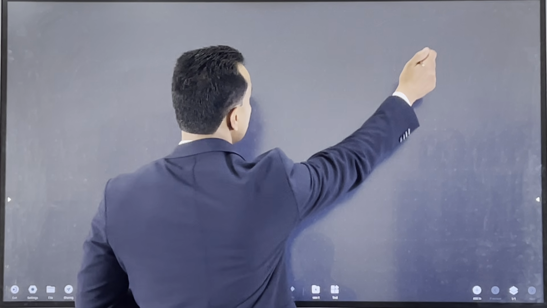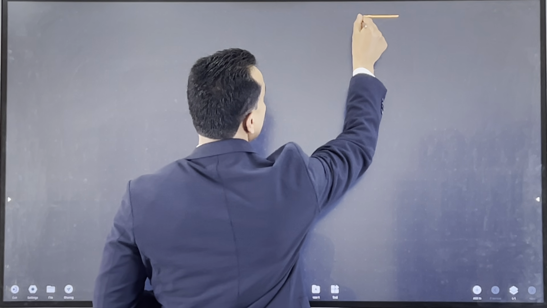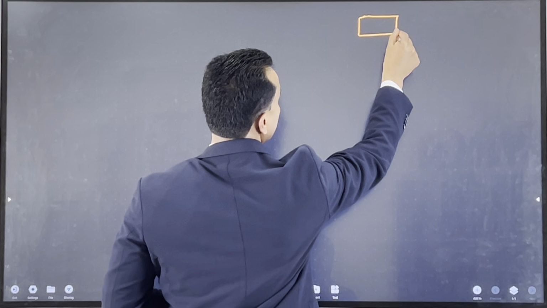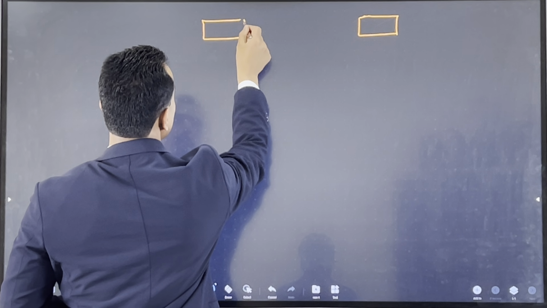So suppose we have two visual field areas: this is the visual field area for the right eye, and here we have the visual field area of the left eye.